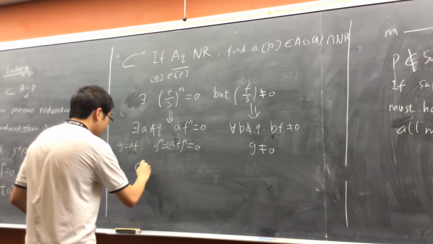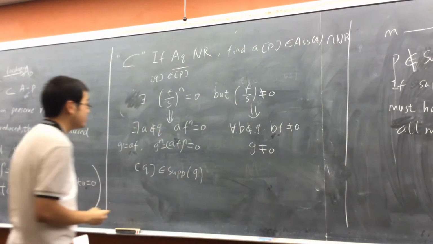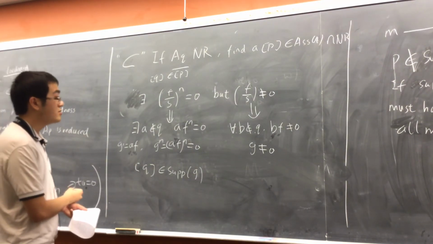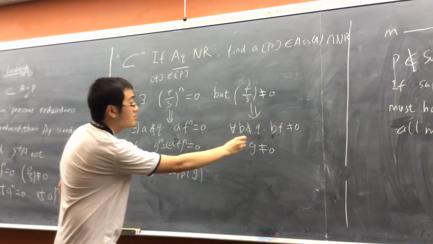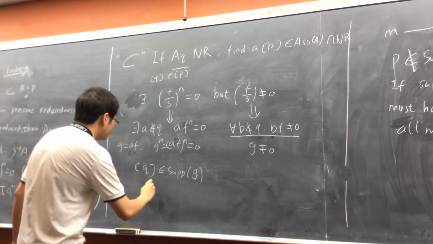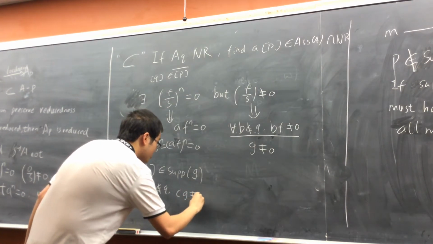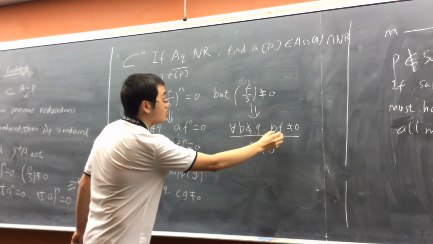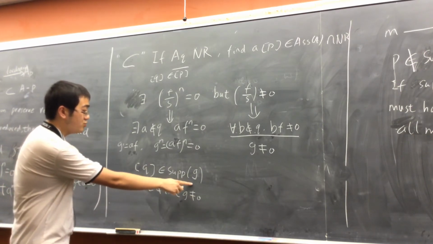This should mean that Q is in the support of G. This will come from this statement: for anything that is not in Q, BF is not 0. That basically means that for anything that is not in Q, CG is also non-zero, because CG is CAF, something not in Q multiplied by F. So we know that Q is in the support of G.